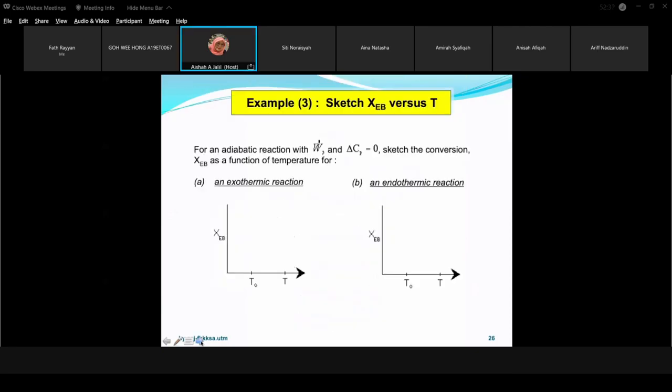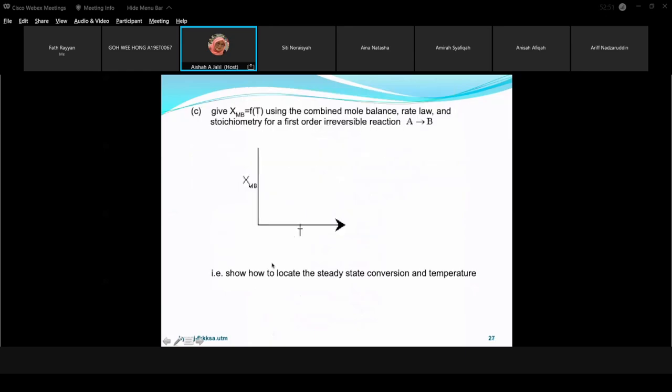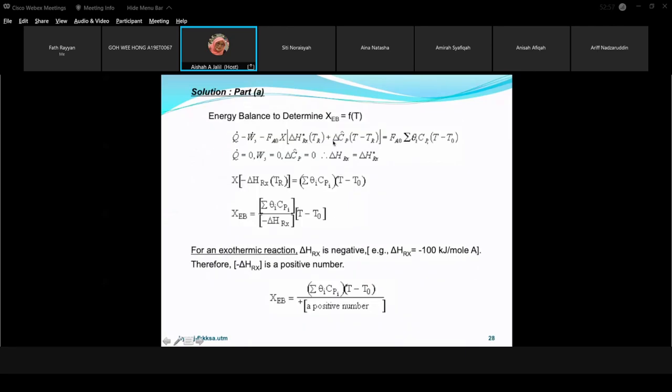Okay, this is when you sketch the XEB versus T. This one is the type 3. Okay, XEB. This one is the last one, to get the intersection.